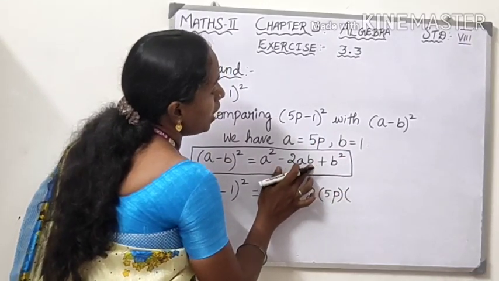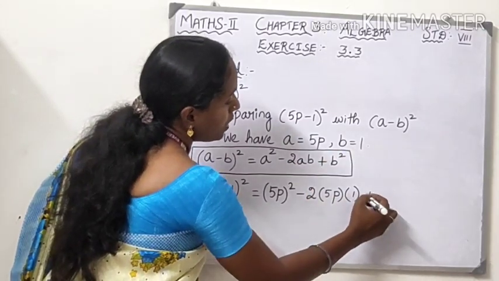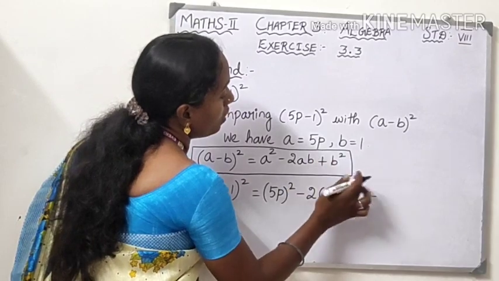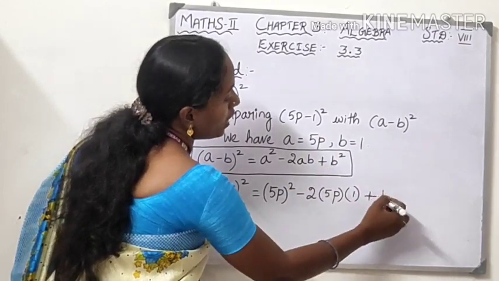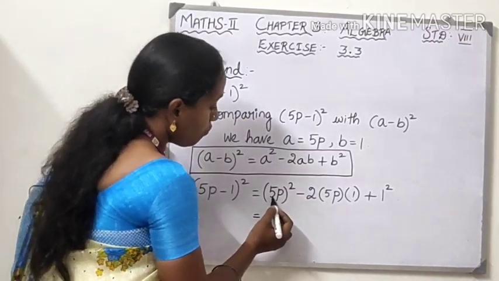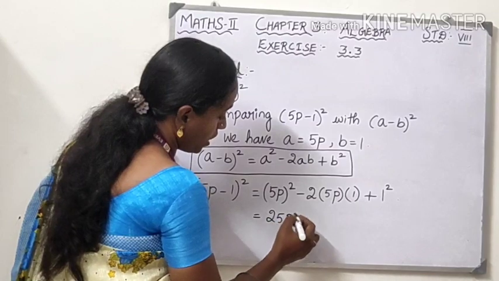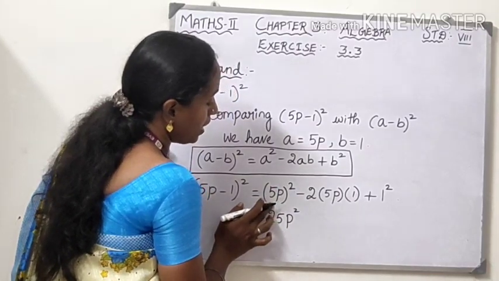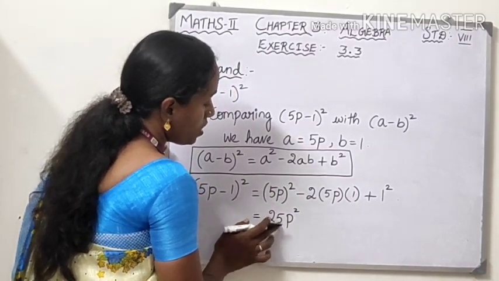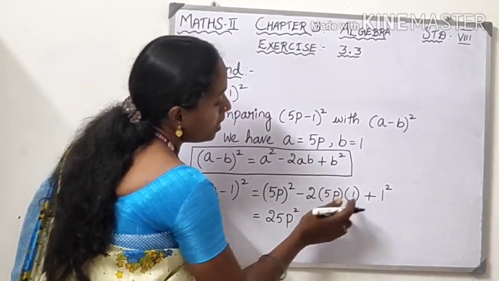Again bracket for b, what is the value? 1. So 1 plus, here we have b square. So value of b is 1, so we can write 1 square. The next step, (5p) the whole square can be written as 25p square. The square we have taken inside the bracket. So we'll get 5 square is nothing but 25, and p square minus. Now multiply the numbers.